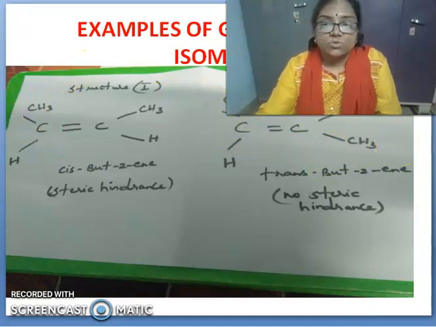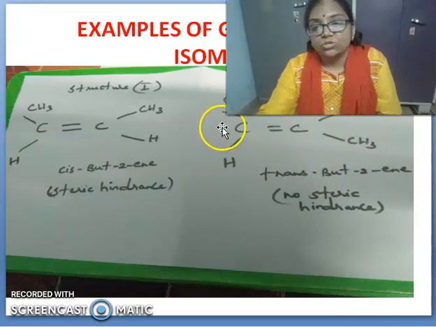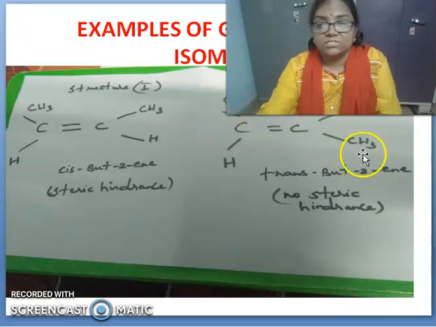So this is structure 1 and this is structure 2. When this kind of arrangement is seen, the molecule exists as the cis form, and when this kind of arrangement is seen, that molecule exists in the trans form.